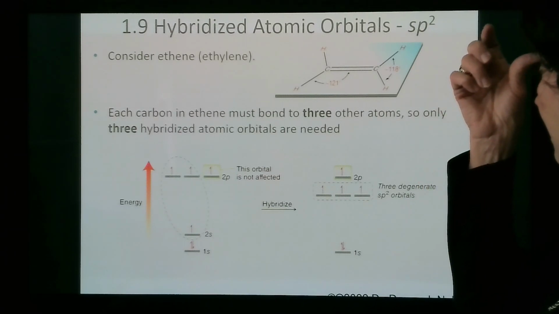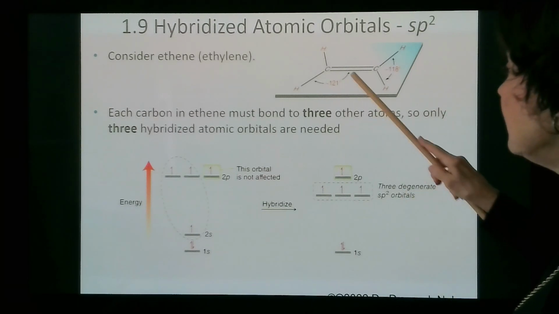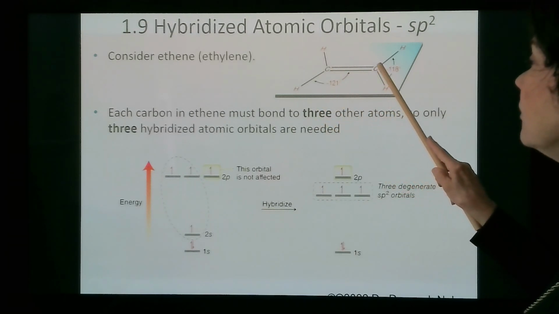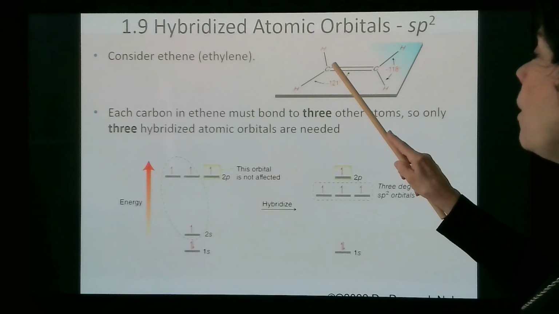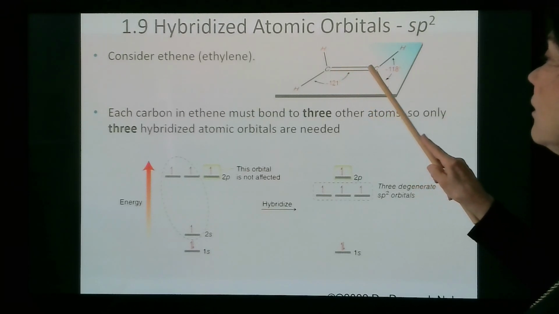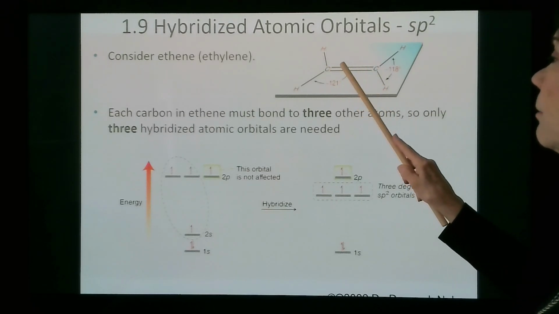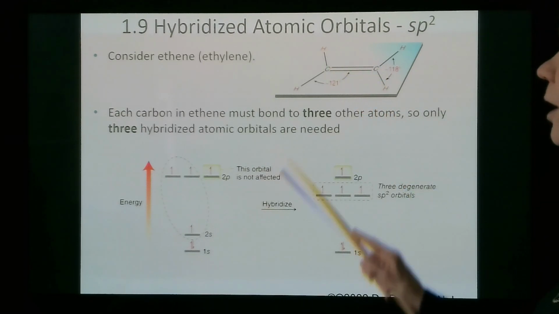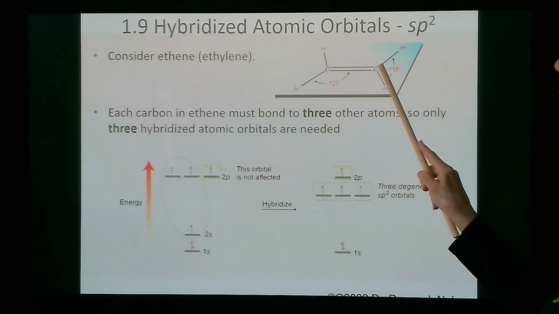So we have a p orbital. This p orbital part on each carbon participates in a pi bond, which is represented by the second line here between the two carbons. So these two carbons have a double bond, one sigma bond and one pi bond.